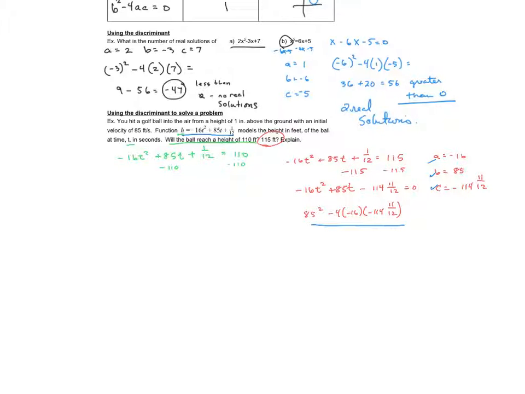So I've plugged this information in, and I have 85 squared minus 4 times negative 16 times 114 and 11/12, which is going to be equal to, well, some big numbers here. 7,225 minus 7,354 and 2/3. We know it's going to be a negative number. The negative number is larger than the positive number, so we're looking at negative 129 and 2/3.